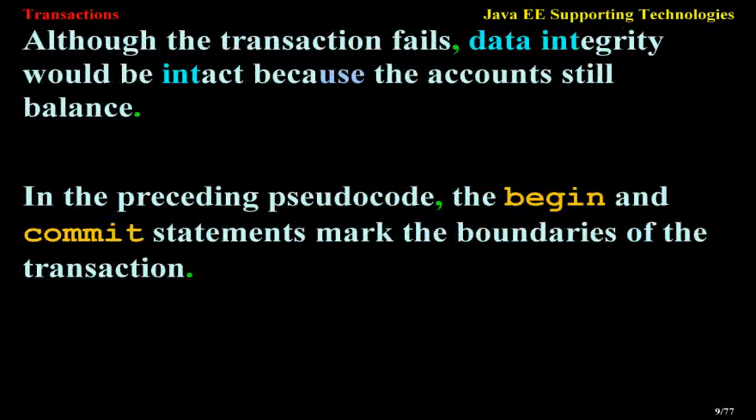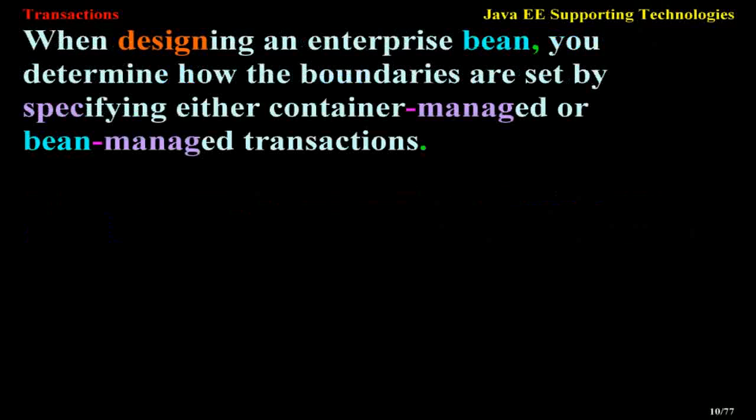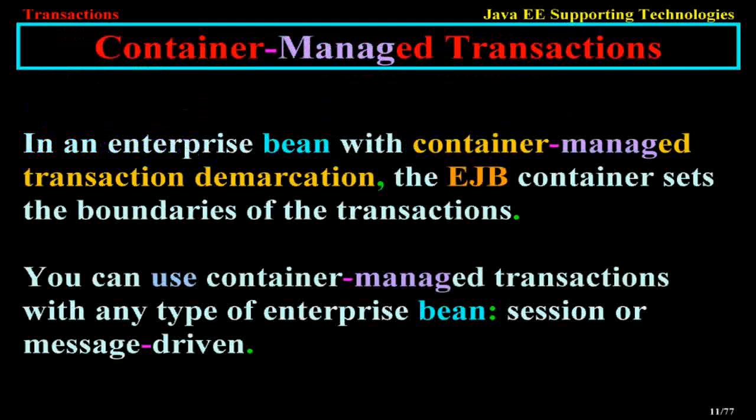In the preceding pseudocode, the begin and commit statements mark the boundaries of the transaction. When designing an enterprise bean, you determine how the boundaries are set by specifying either container-managed or bean-managed transactions. Container-managed transactions. In an enterprise bean with container-managed transaction demarcation, the EJB container sets the boundaries of the transactions.